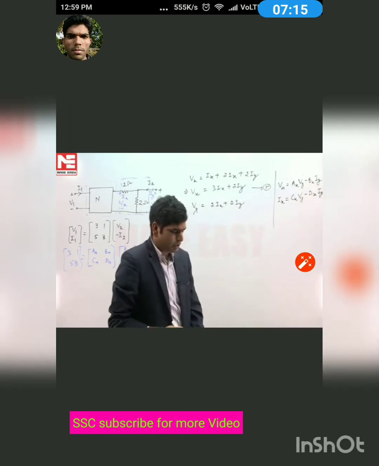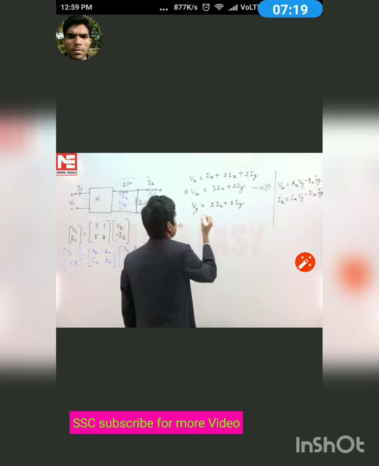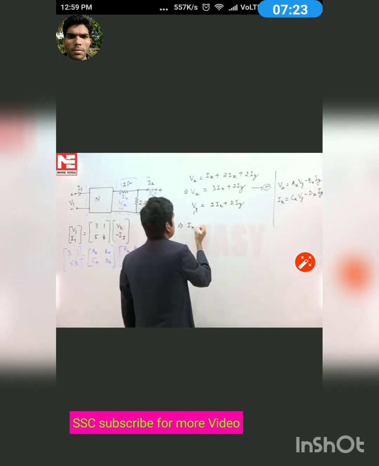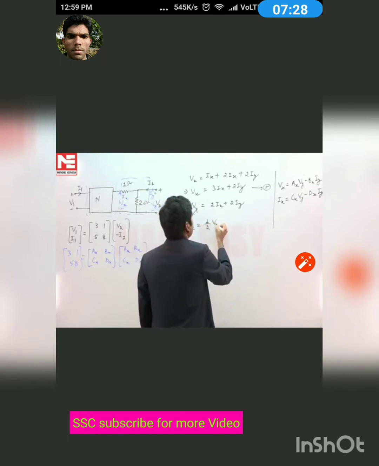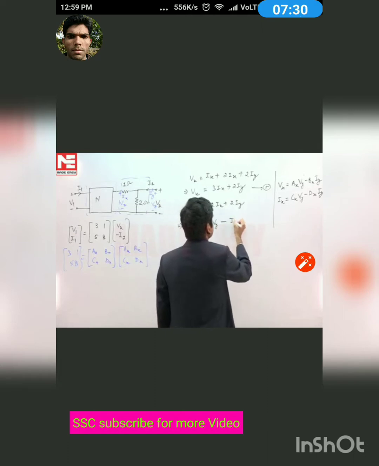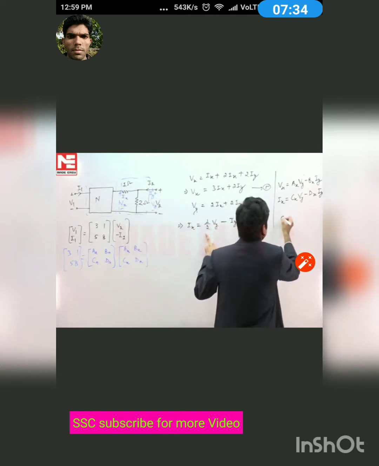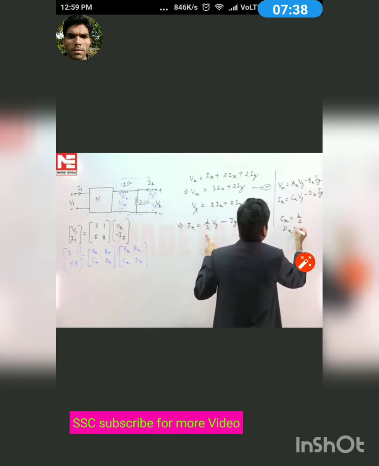This we want to calculate. So we can write Ix from this expression, that is Ix is equal to 1 upon 2 of Vy minus Iy. If you compare this and this equation, then Cx is equal to 1 by 2 and Dx is equal to 1.